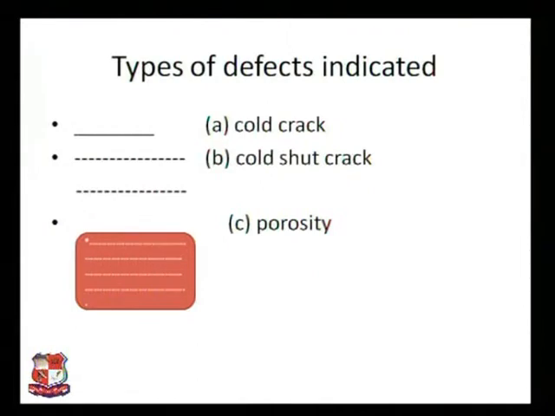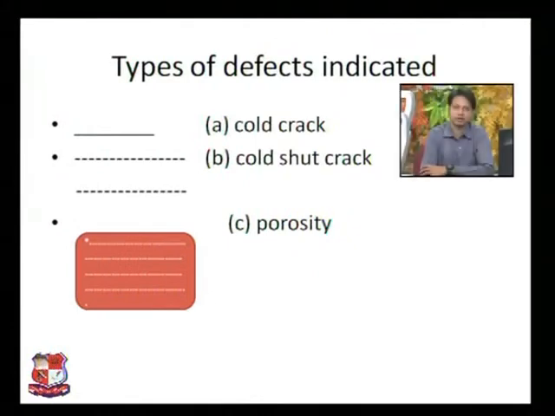First, A is cold crack, the second is called shut crack, and the third, C, is porosity. You can see the line-like defect, that is cold crack. The dotted line represents the pattern of the defect when dyes are highlighted on the surface, which shows that defects are present on that surface.